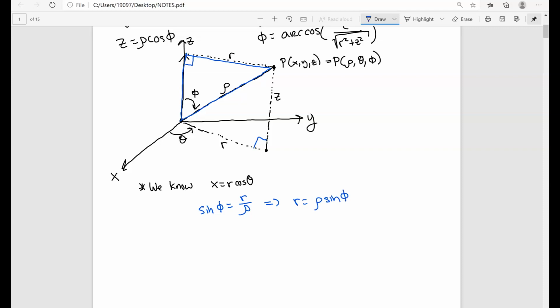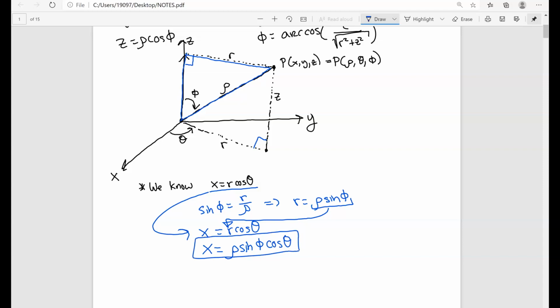Because we know that x is equal to r cosine theta, and now we know what r is in terms of rho and phi, I can plug that in there. You can see that x is going to be equal to rho sine phi cosine theta. So this is my first conversion.